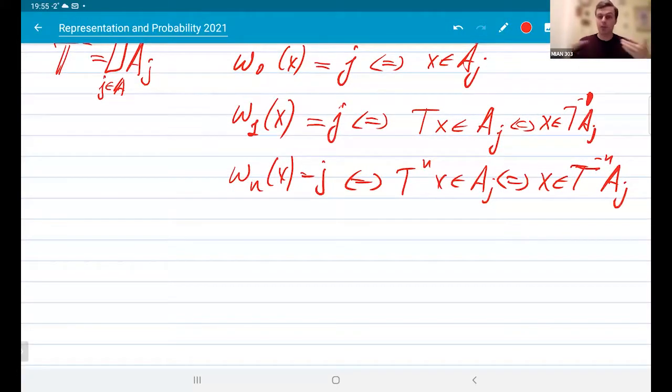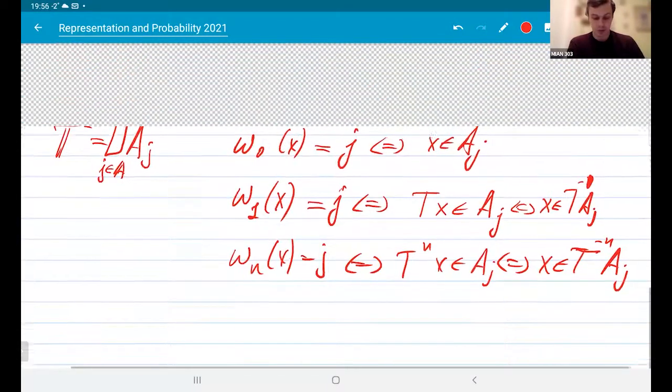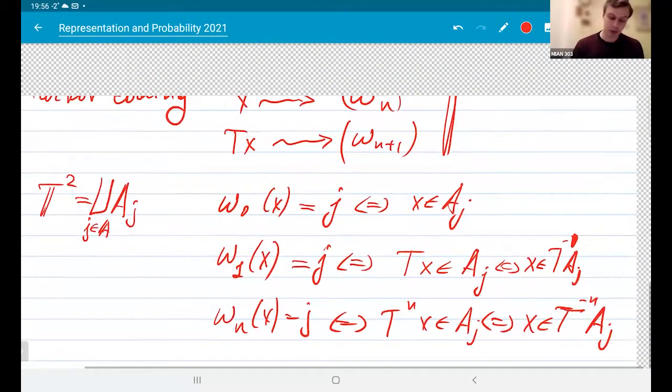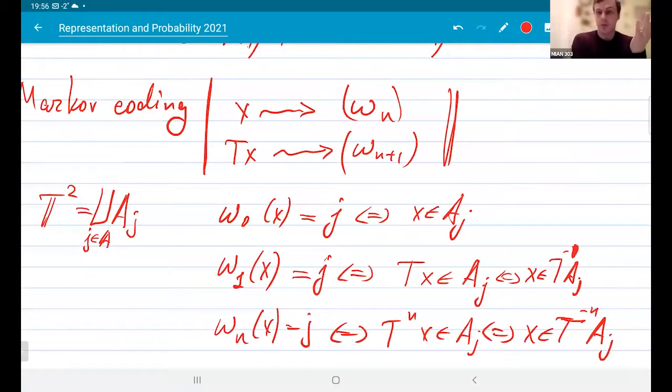Then, by definition, this thing is invariant. By construction, this will hold. This is not a problem. Where is the problem now? The problem is that, first of all, we don't know whether this map is bijective, or at least close to bijective.